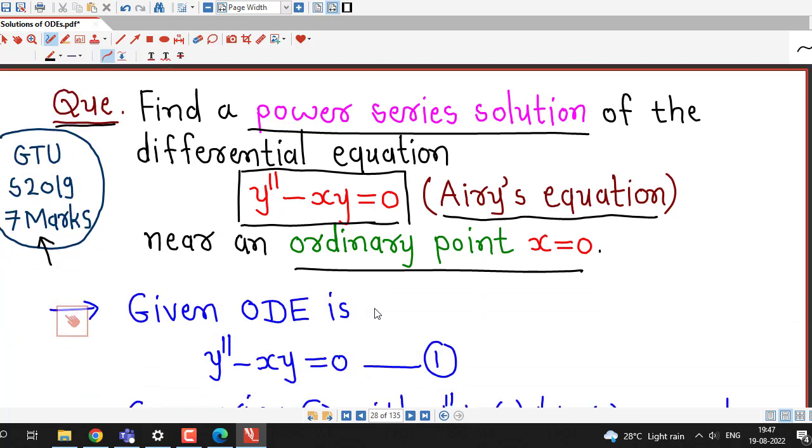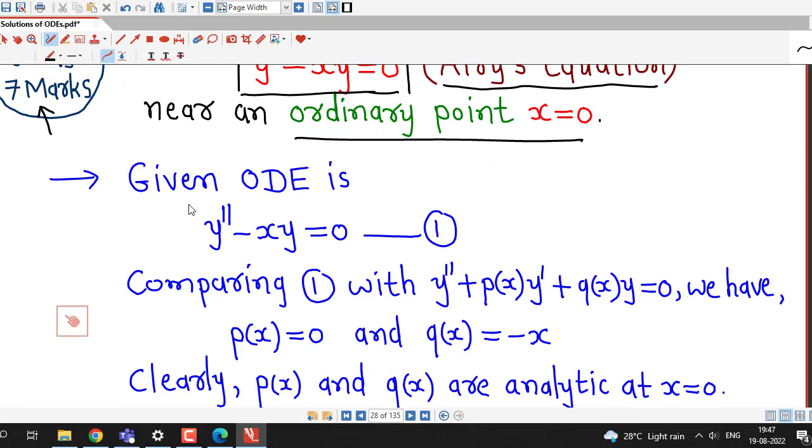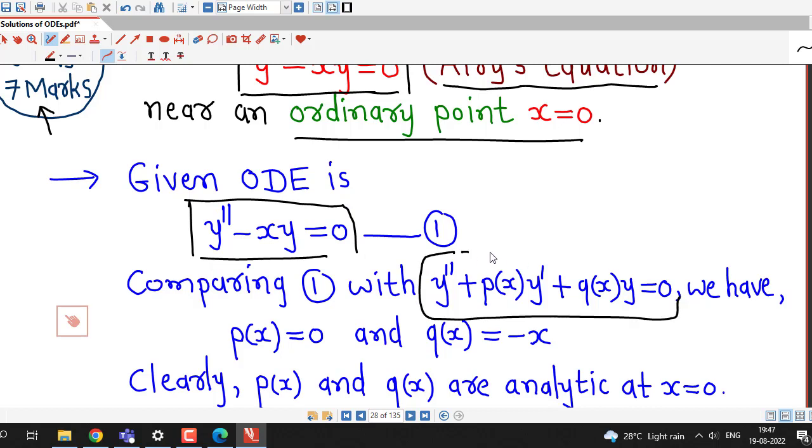Now first we show that x equal to 0 is an ordinary point of this differential equation, and for that we compare this differential equation with this standard form y double dash plus px y dash plus qx y equal to 0. We can see coefficient of y dash is px and there is no y dash here, that means px equal to 0, and coefficient of y is qx which is minus x here.